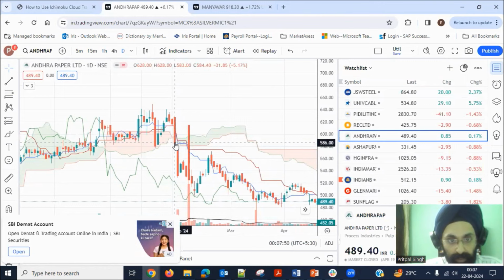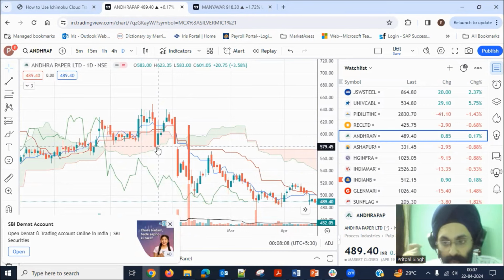If you see, this candle is a long bearish candle, and it closed significantly below the cloud. This was the lower boundary of the cloud, and the cloud was red. So the color of the cloud also matters.